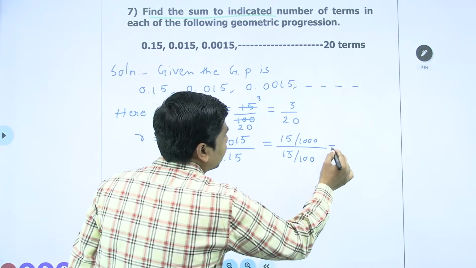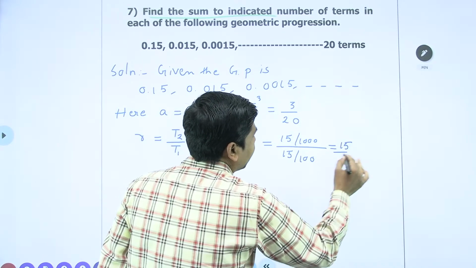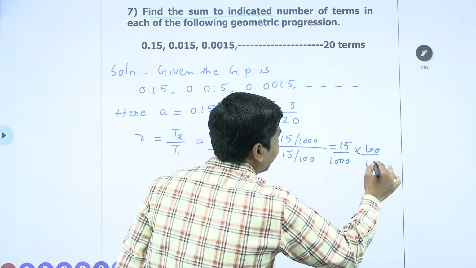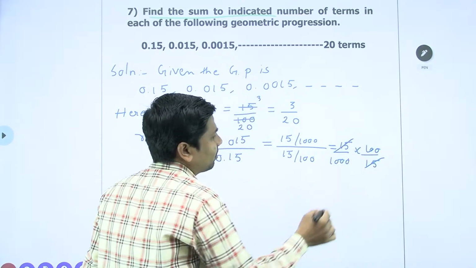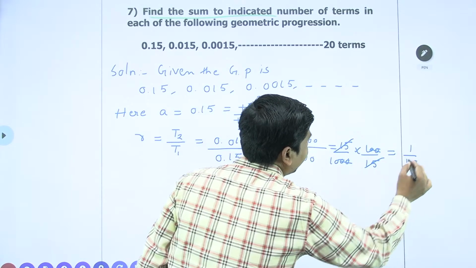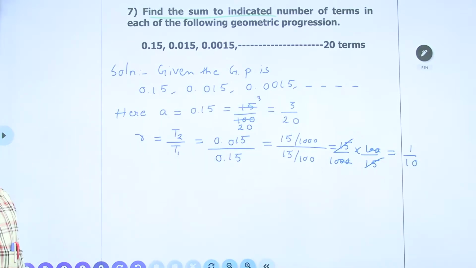This is nothing but 15 by 1000 into 100 by 15. 15 and 15 get cancelled, 100 gets cancelled. It is 1 by 10. So the value of r is equal to 1 by 10 we got.